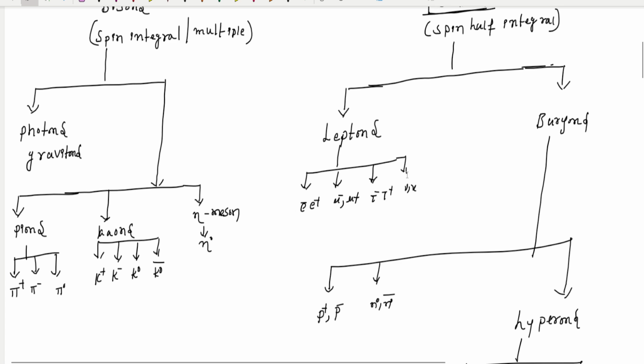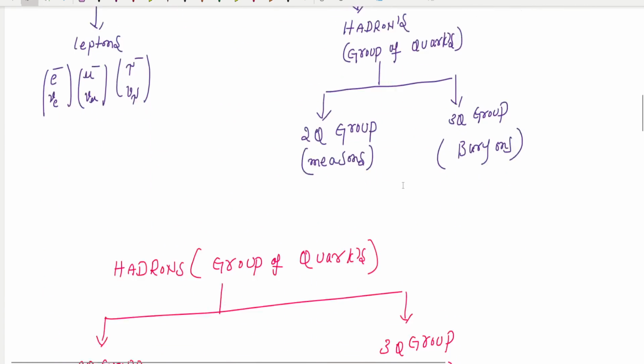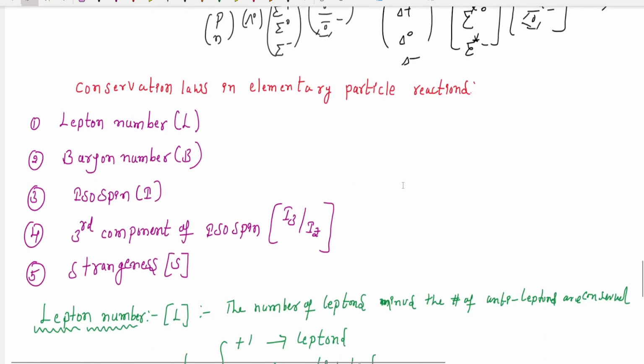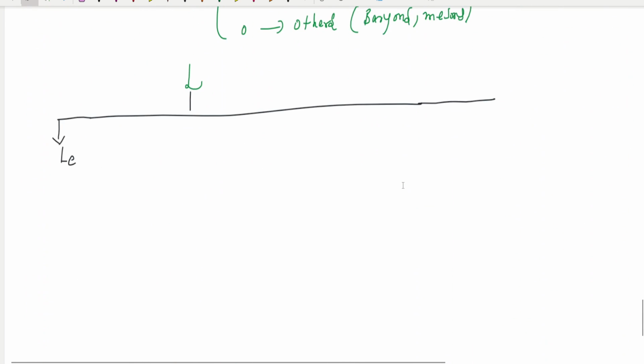You just remember the electron, muon, tau. This is defined by L_e, where this e indicates the electron category.